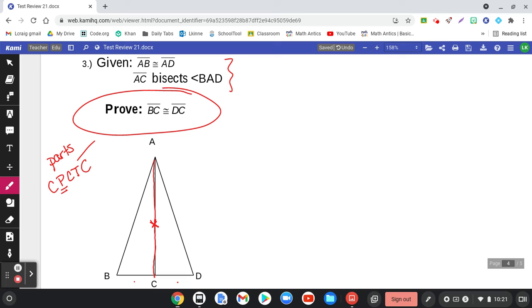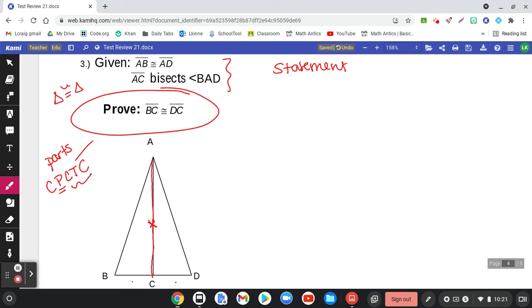CPCTC, that's going to be your very last statement and reason. But before you use that, you need to prove that two triangles are congruent. Again, it stands for corresponding or matching parts of congruent triangles are congruent. So we'll have to first prove that the triangles are congruent. All right, so let's get started.